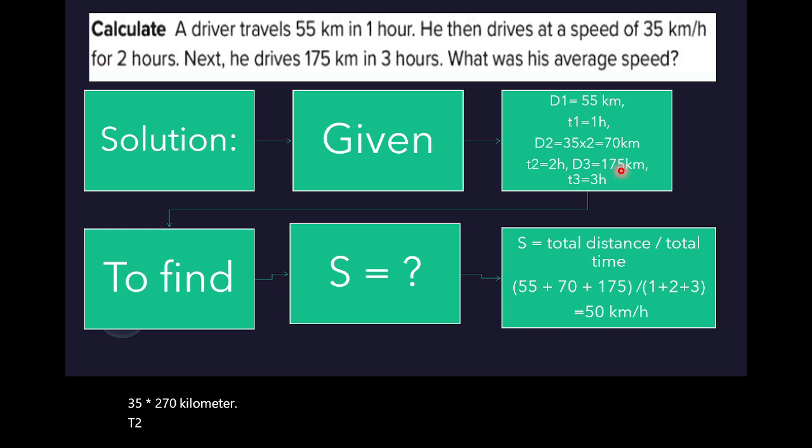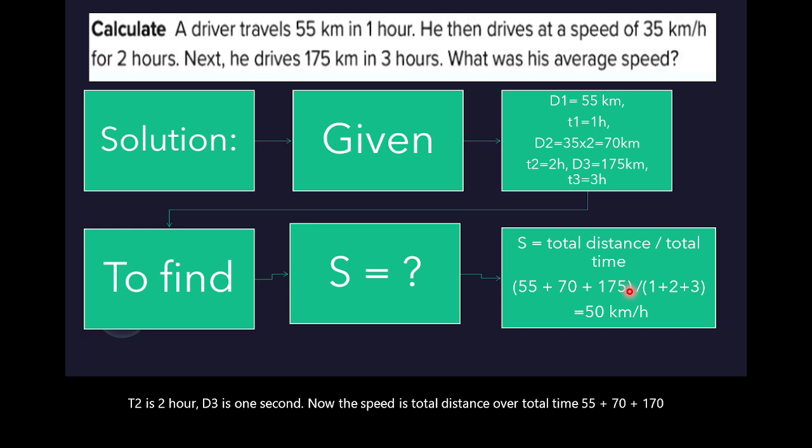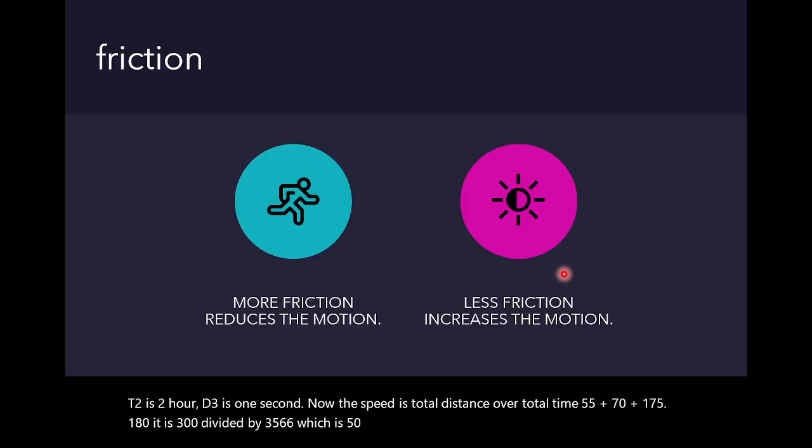D3 is 175 kilometer, T3 is 3 hour. The average speed is total distance over total time. 55 plus 70 plus 175 is 300, divided by 6, which is 50 kilometer per hour.